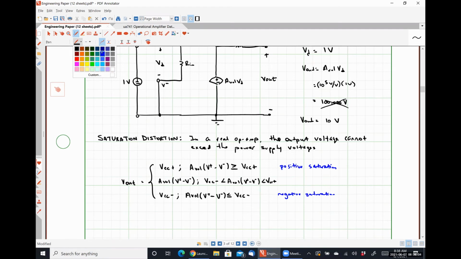And this range of operation is known as the linear region of operation.